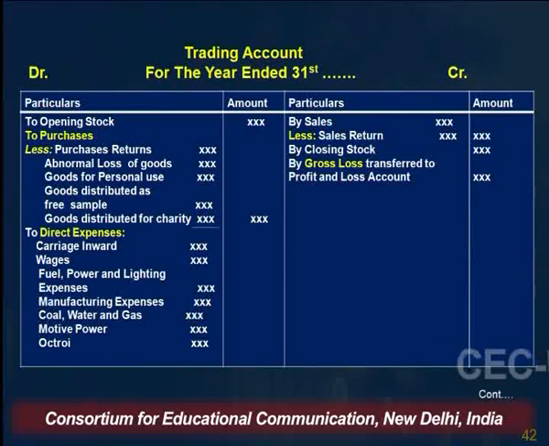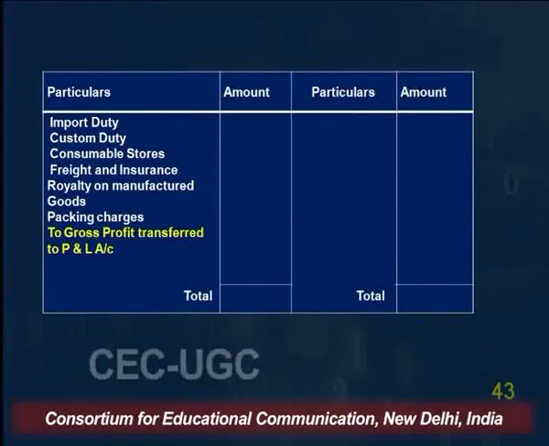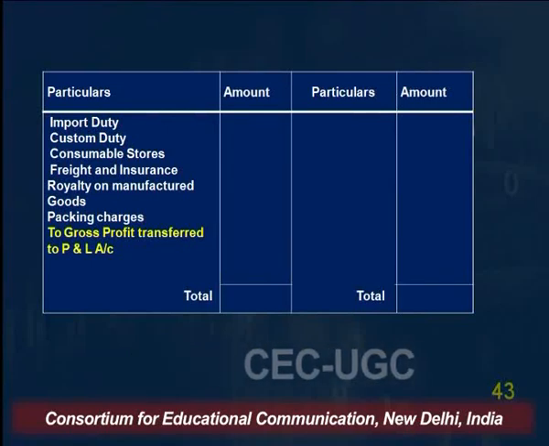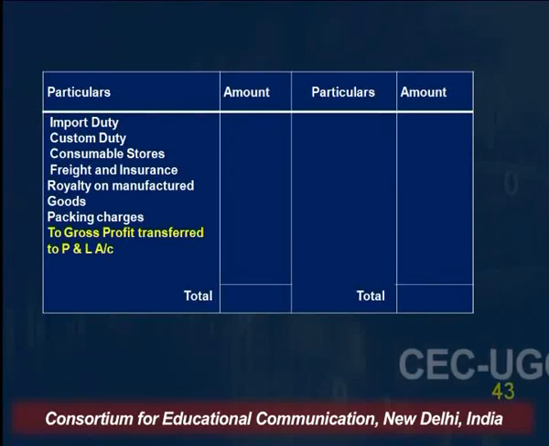In that case, there will be a gross loss, and this gross loss will be transferred to the profit and loss account. Either gross profit or gross loss is calculated by preparing this trading account, and whichever it is will be transferred to the next account, the profit and loss account.